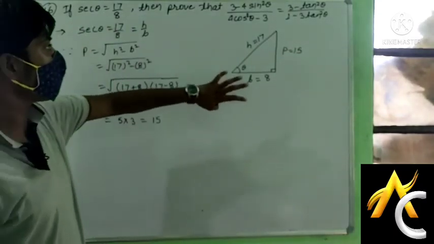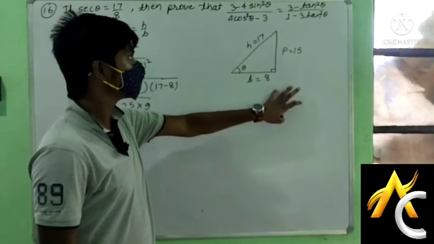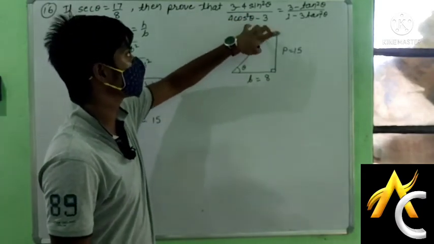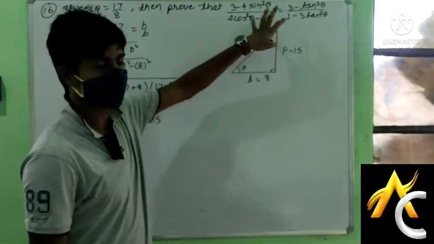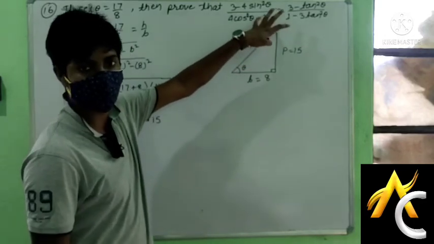Now we have the value of all sides of the triangle, so we can apply it to prove this equation.